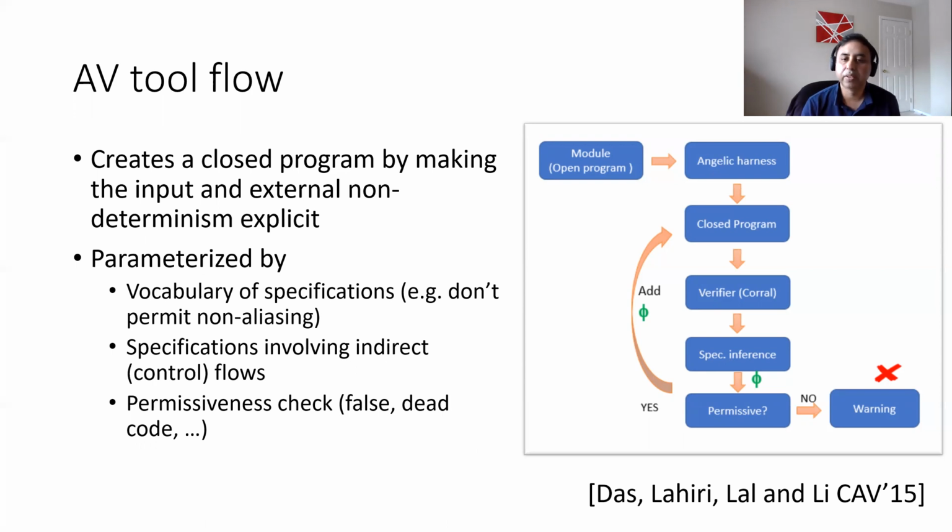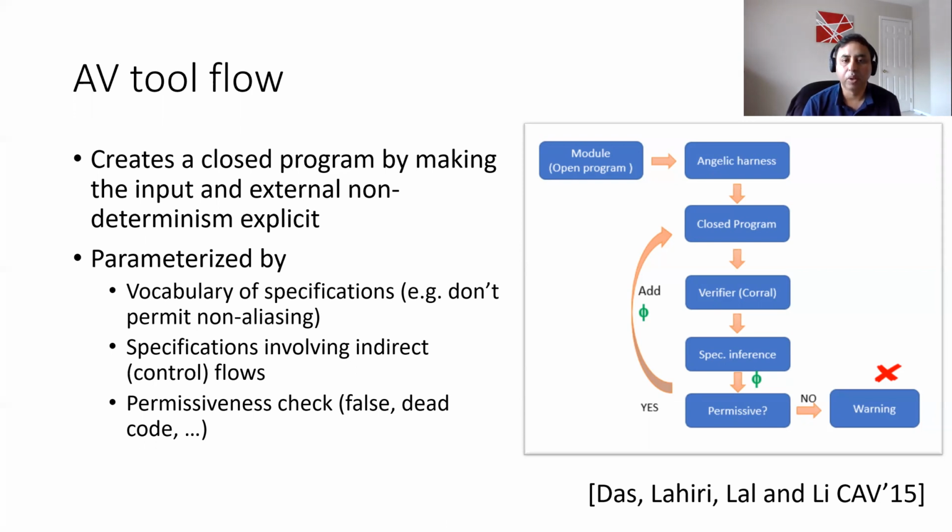The permissiveness ensures that the specification is not too strict, like it does not become false or create dead code. So there are a lot of parameters in AV about what the vocabulary of specification is. It is parameterized. You can say, I would like to remove non-aliasing constraints because I know aliasing is pretty common in my modules.